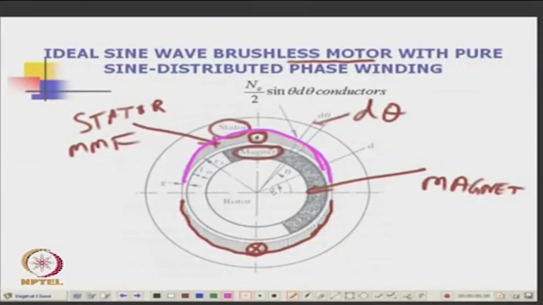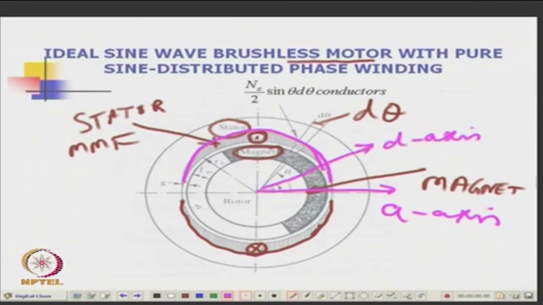This is only one phase, and this is the magnet which of course will rotate. At any instant of time, let us say this is the A winding axis, and this is the field axis, which we normally call the D axis, which is changing, and this angle is called alpha, which is of course rotating.